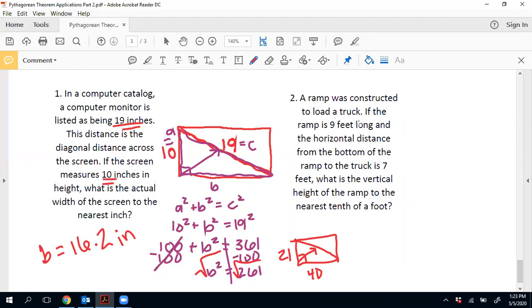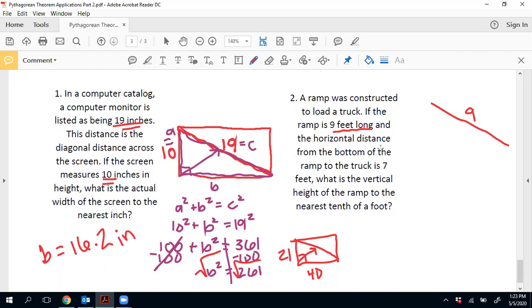All right, so we've got a ramp that was constructed to load a truck. It says the ramp is 9 feet long. If you are putting a ramp somewhere, the actual ramp is going to be 9 feet long. The ramp or the ladder or whatever is being leaned against something is always the hypotenuse.